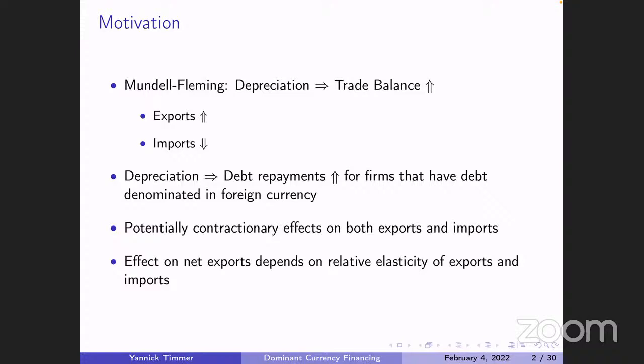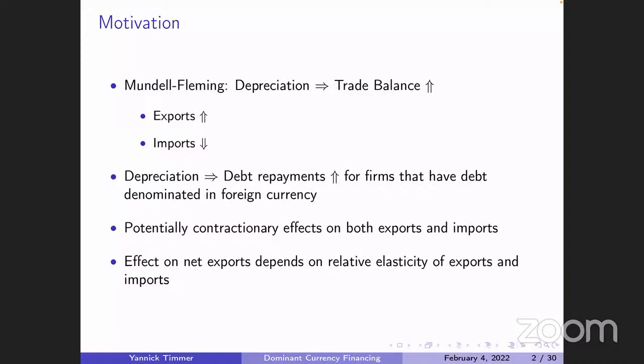This increase in debt repayments leads to a decrease in their net worth and can potentially have contractionary effects on both exports and imports. Whether the effect on the trade balance is positive or negative depends on the relative elasticity of exports and imports with respect to this increase in the debt repayments due to the depreciation.